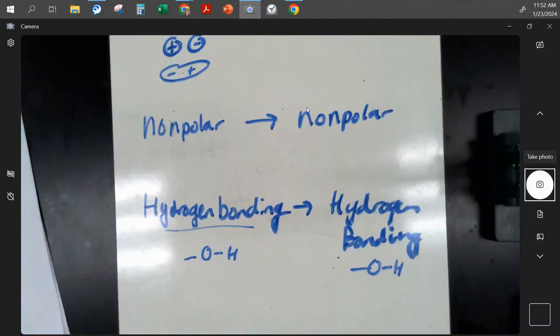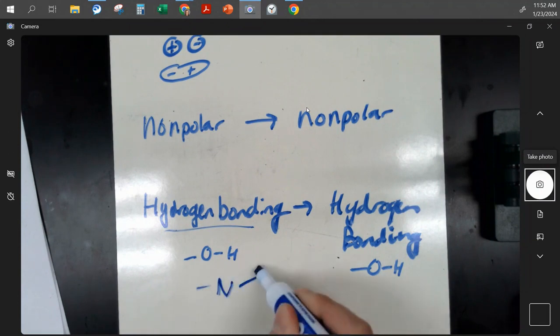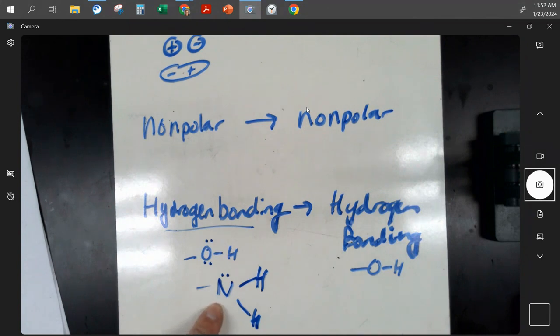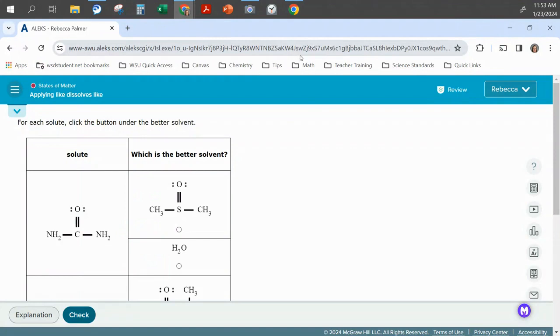If we have something with nitrogen with two hydrogens, this has a hydrogen attached to a nitrogen, and it has a lone pair on a nitrogen. So if we have something like this, we're going to look for something else that has hydrogen bonding. So it can either have this nitrogen group, only one lone pair, or an OH group. That will dissolve better in something that has hydrogen bonding. We can stabilize those interactions, those charges. So this one has hydrogen bonding.